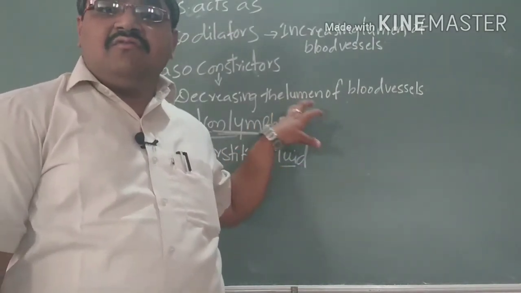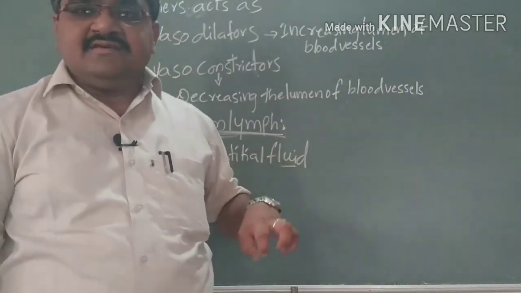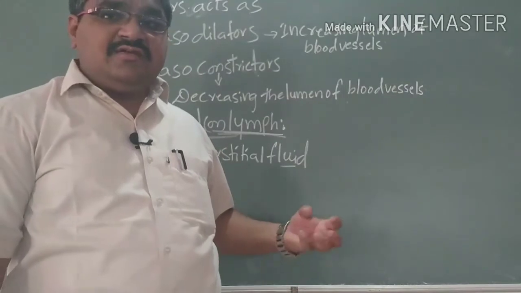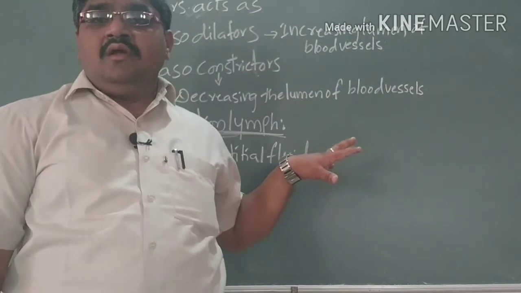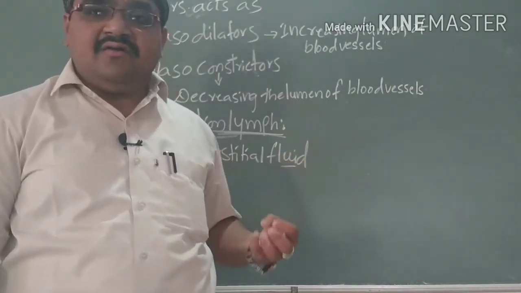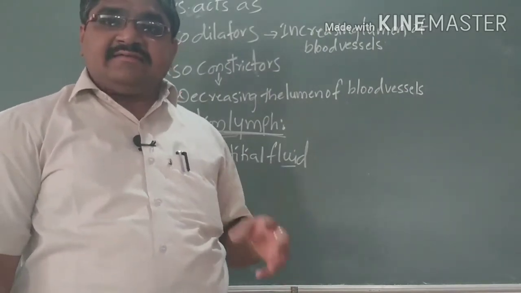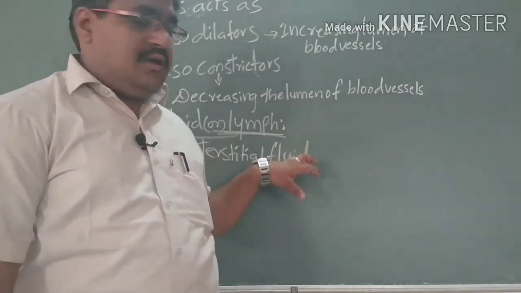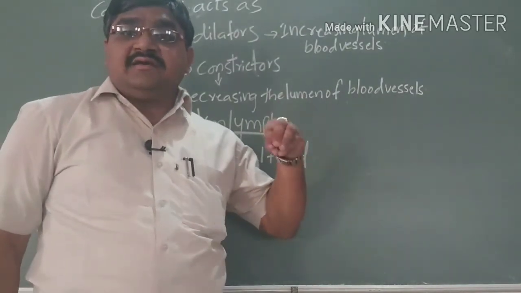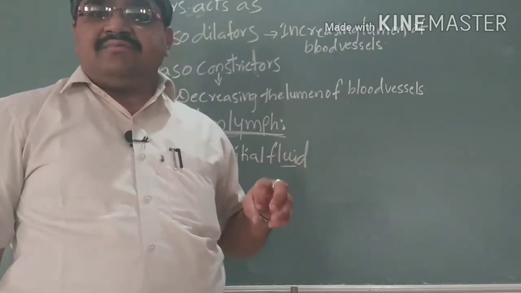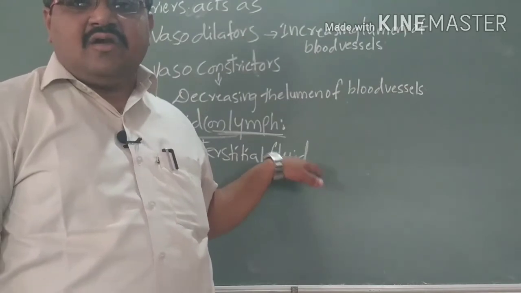So due to this we can differentiate the lymph from the blood. The plasma of lymph and the plasma of blood are both present, except that in the plasma of lymph the blood proteins are absent. Such a type is called lymph.